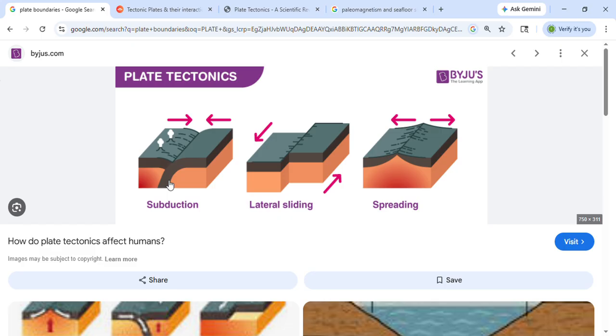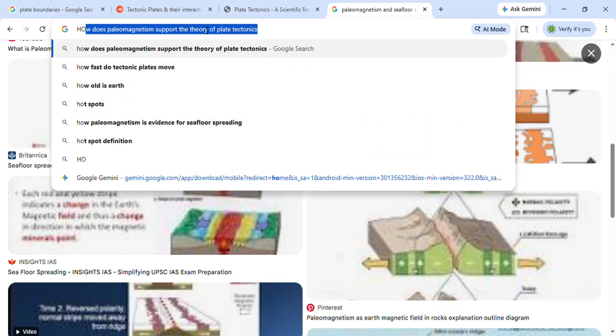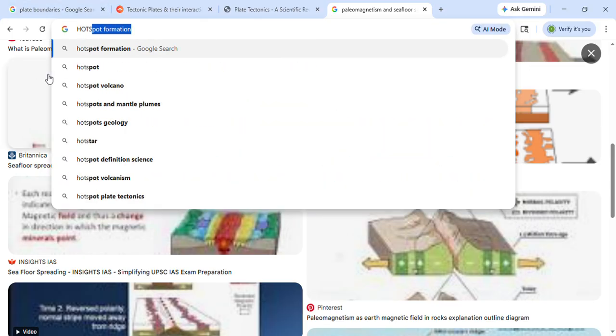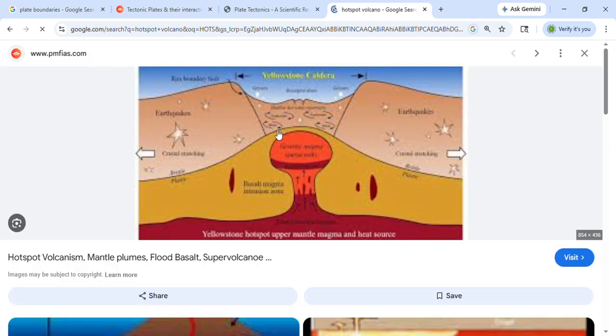So next question, how do hotspots provide evidence for plate movement? Hotspots remain stationary while the plate moves over them.